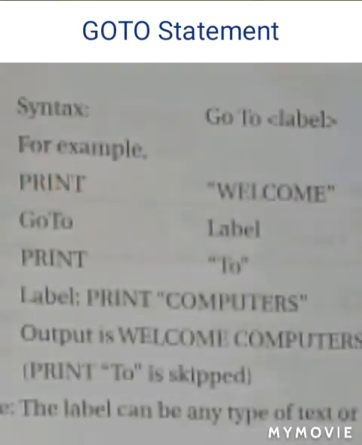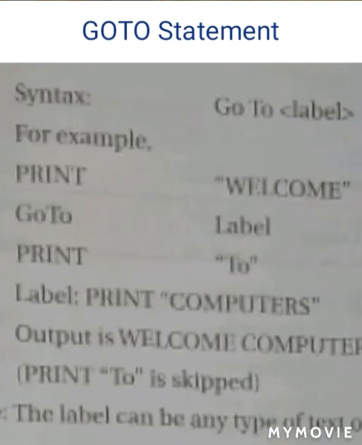Goto statement. The goto statement enables us to jump to a certain position within the program. Labels are used to specify at what point in the program to start execution. Its syntax is goto label, and the label can be any type of text or a line number.